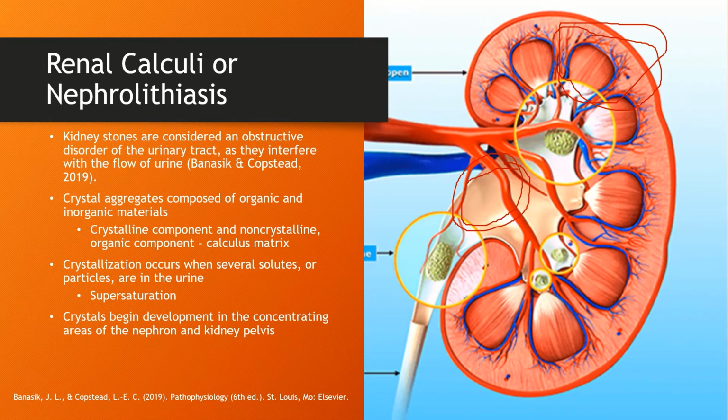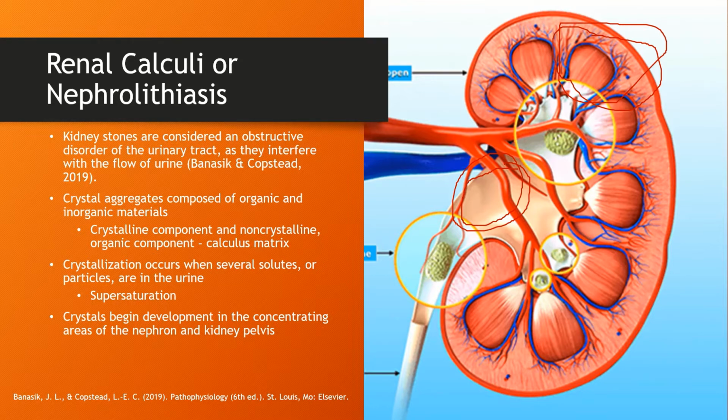So now we'll go over what kidney stones actually are. They are called kidney stones because in the Greek language, lithiasis in Greek means stone, and nephron is the Greek name for kidney. So from nephrolithiasis, you get kidney stones.